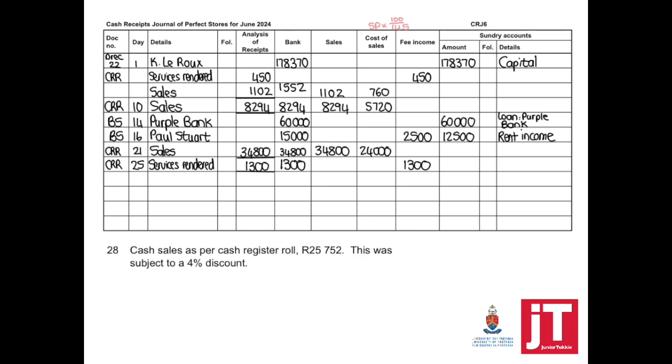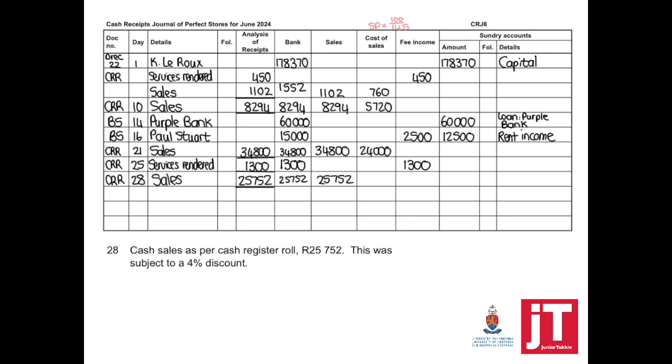Day 28. So this is a more challenging transaction. It says cash sales as per cash register roll, $25,752. This was subject to a 4% discount. So the easy part in this transaction is identifying the source document, cash register roll, on day 28, sales, and they provided you with the selling price after discount, $25,752.